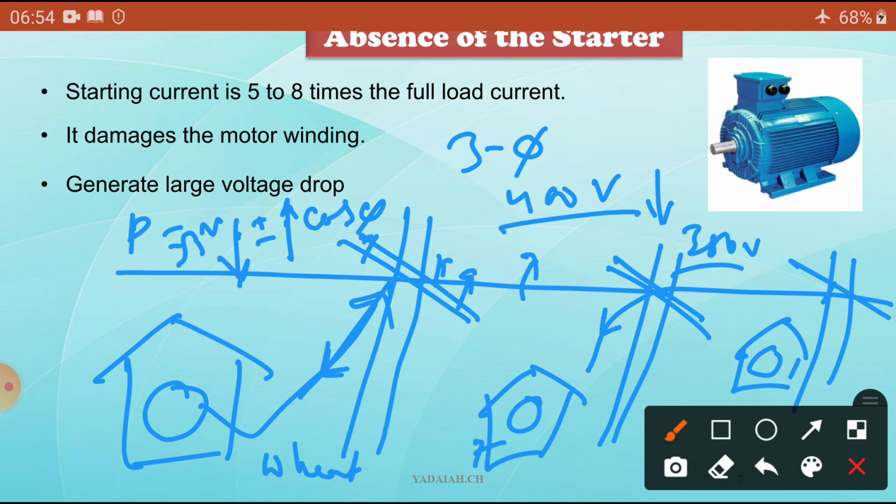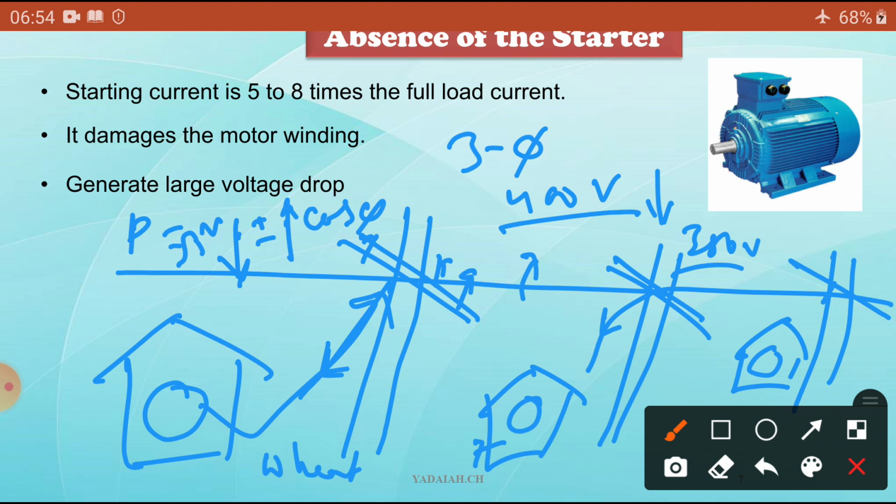This can be observed where electric welding takes place near your houses. There is a possibility of flickering of the incandescent lamps in your domestic applications where welding takes place nearby. That means it draws more current initially. For example, I am a farmer.